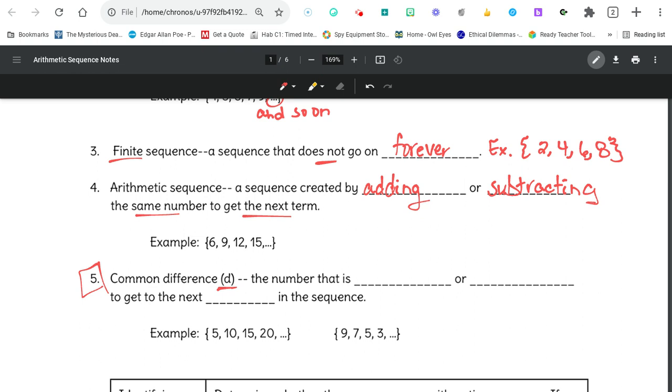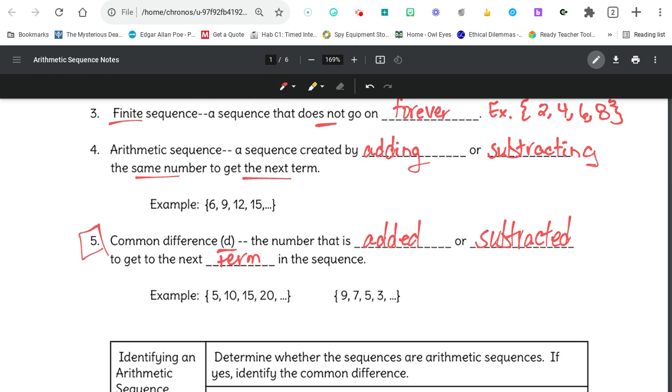So the common difference is the number that is added or subtracted to get the next term in the sequence. Let me give you an example. How do I get from 5 to 10, from 10 to 15, from 15 to 20?